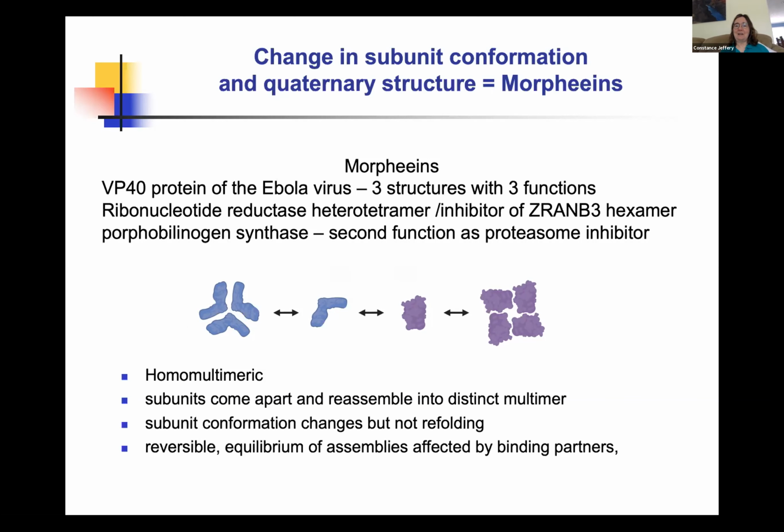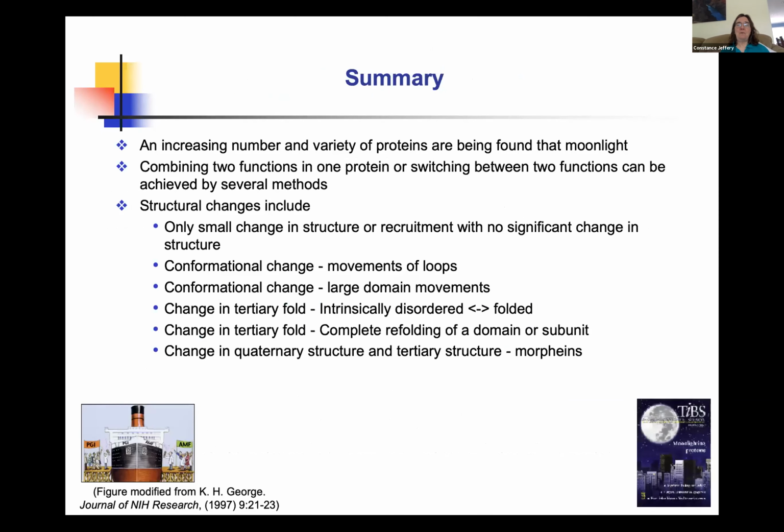as a proteasome inhibitor. So in summary, we have a large number of proteins that are found to have 2 or more different functions. This change between 2 functions can be achieved by several methods, and structural changes as they switch from one function to another can be very diverse.